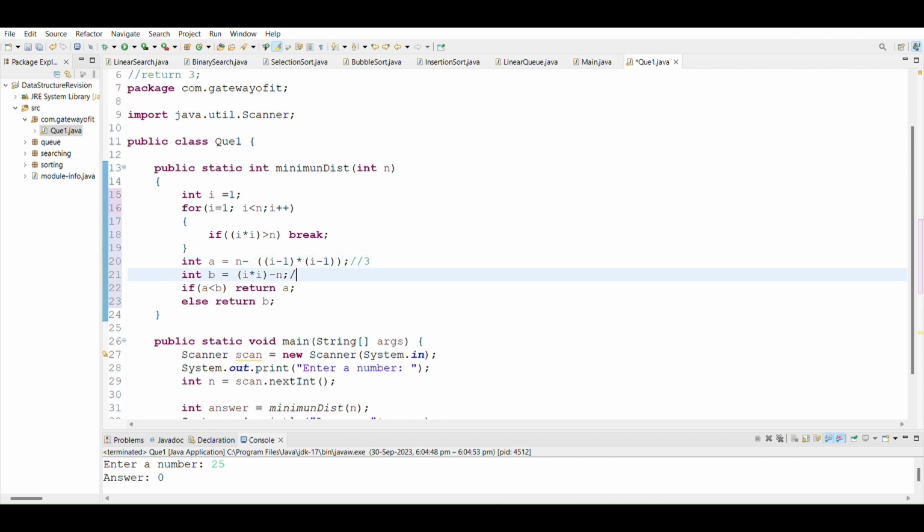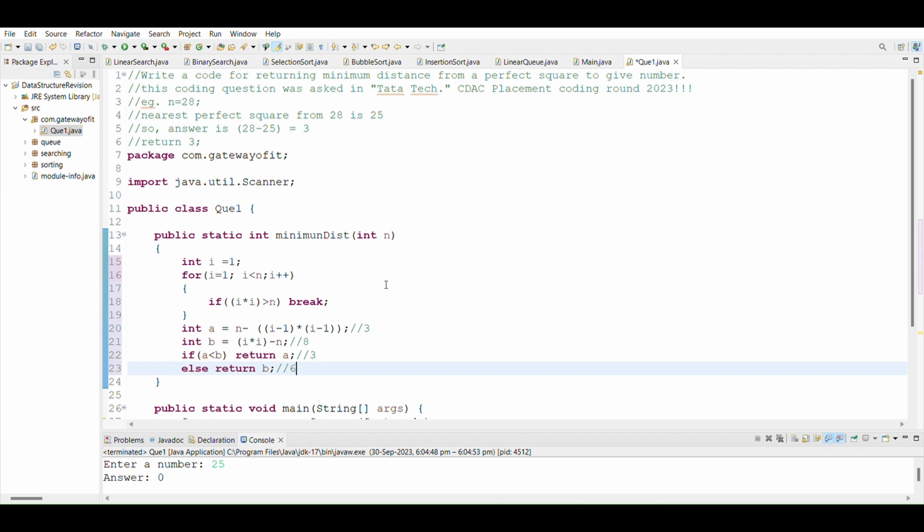And b, which is i squared, 6 squared minus 28, means 36 minus 28, which is 8. Here we are checking which is lower. Since a is less than b, that is 3 is less than 8, we return a, which is 3. If the condition were not satisfied, we would return b. But the condition is satisfied, and we have returned a as 3.